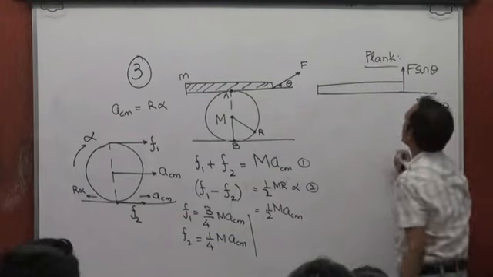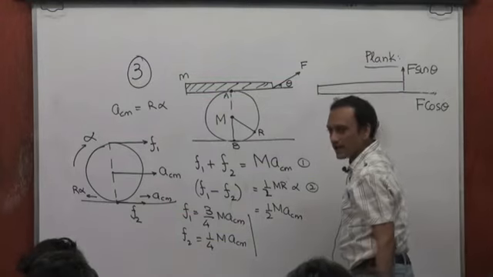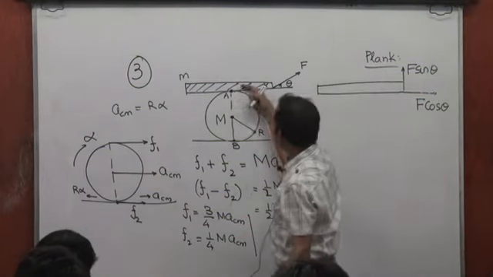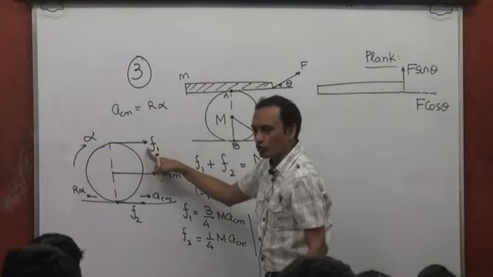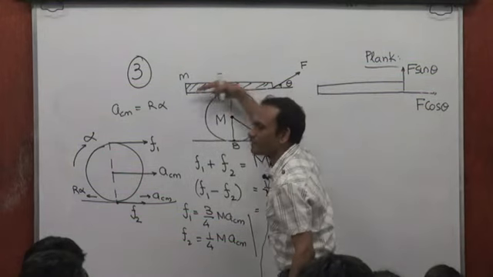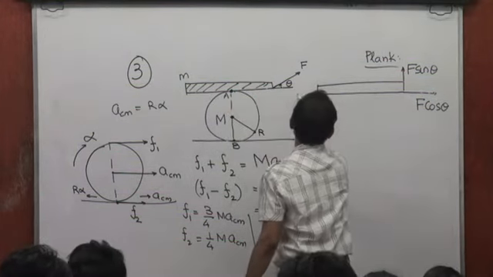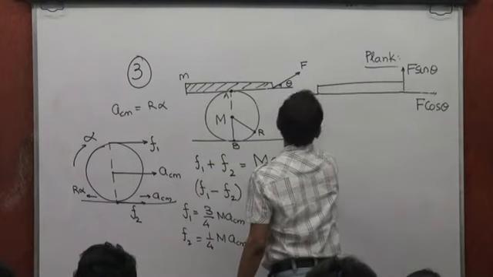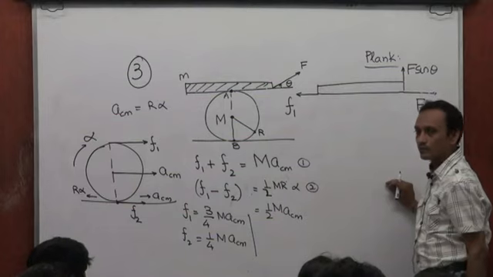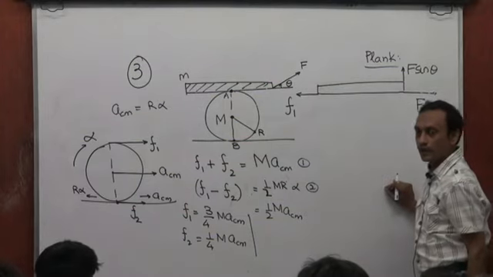Then of course there is mg acting downwards, normal reaction upwards. If I have chosen the plank to exert a frictional force on the cylinder F1 to the right, the cylinder will exert a frictional force F1 to the left on the plank.